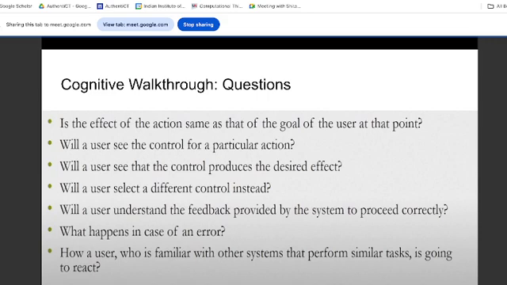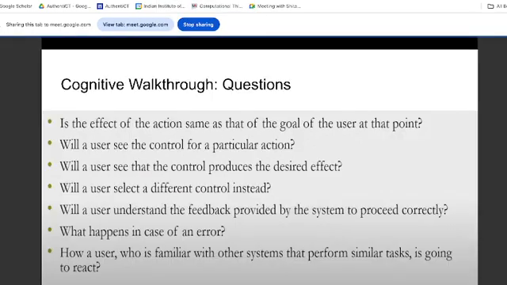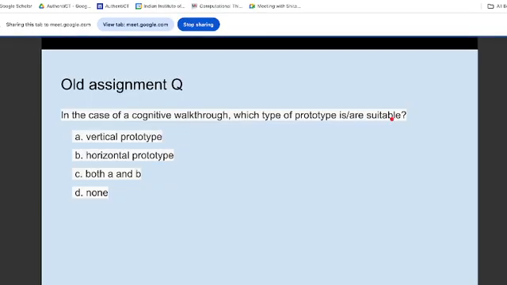These might be useful if you are going through the cognitive walkthrough method. Cognitive walkthrough basically is a walkthrough of the new user or any user while performing this particular specific task. Now we will go to old assignment question based on this cognitive walkthrough.